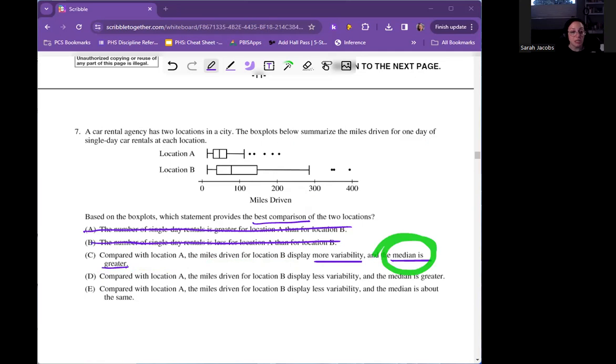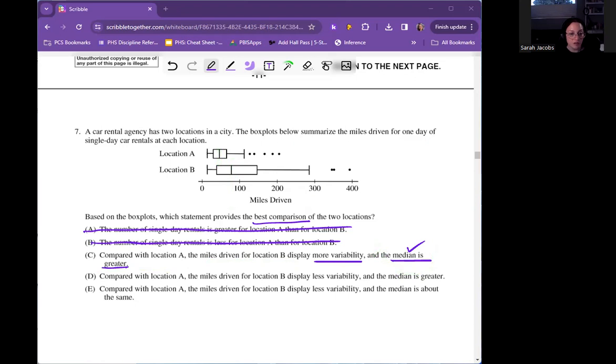We're going to start with the median because that is just crispier to identify, right? It is or it's not. So the median on a box plot is this vertical line right in the middle of the box. And for location B, it's definitely at a higher number. It's closer to 100 than the median for location A. So the median is greater.